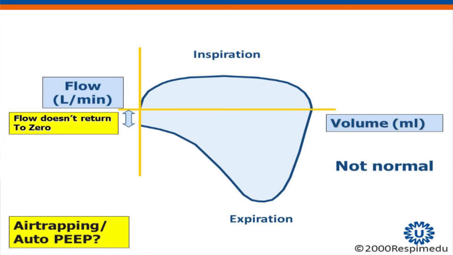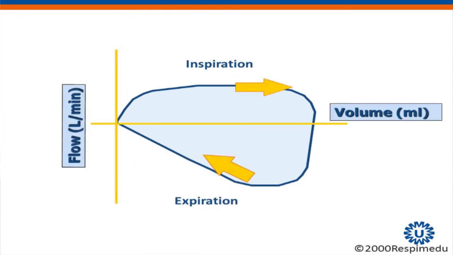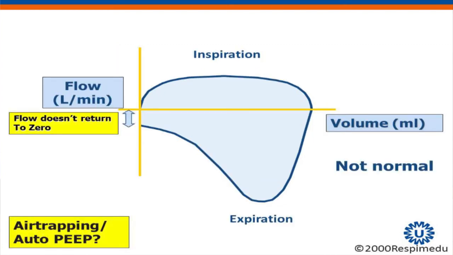This one is different. What you saw here was that expiration ends at zero flow and zero volume. Here you can see that it doesn't stop at zero flow. The answer is there. This could be air trapping or auto-PEEP.